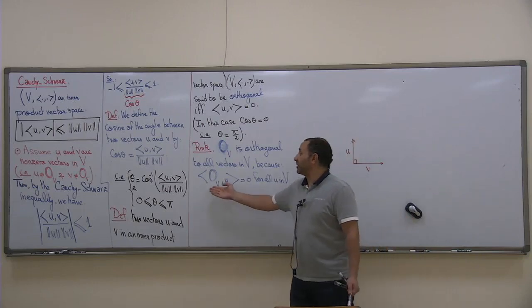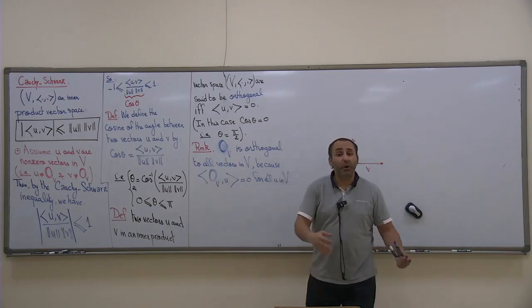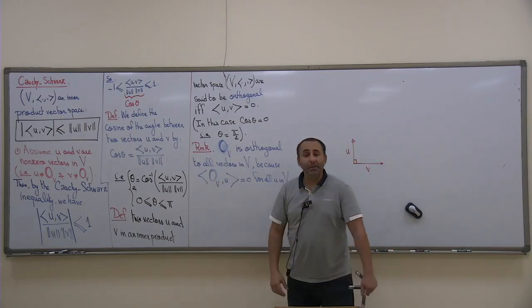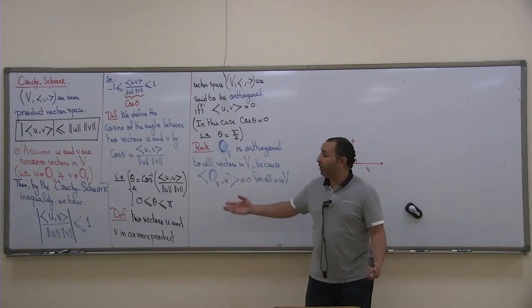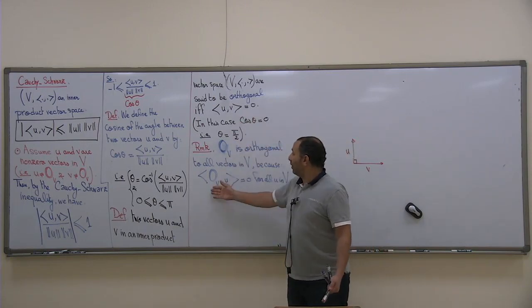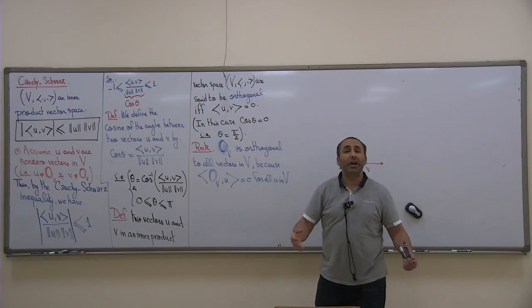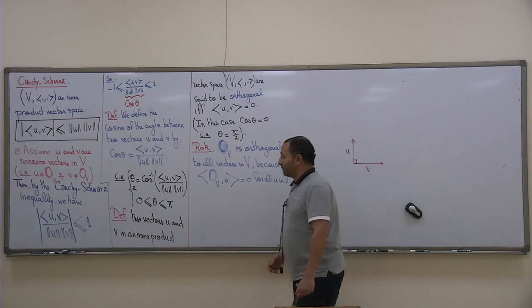Very simple, because the inner product of the 0 vector with any vector in V is equal to 0. So by this definition, the 0 vector is orthogonal to any other vector in the vector space.